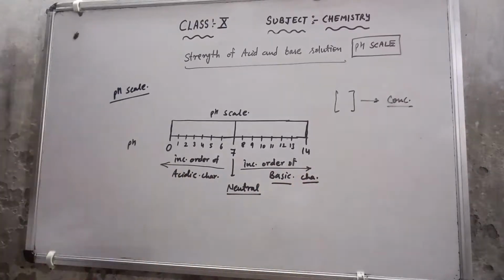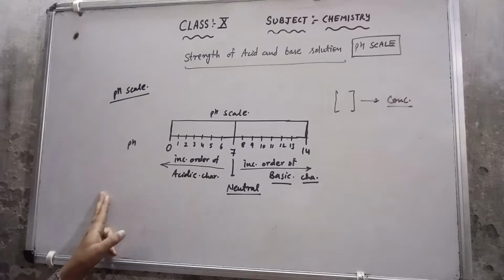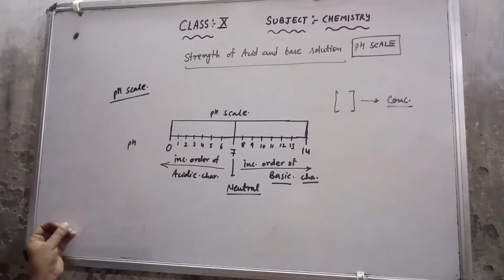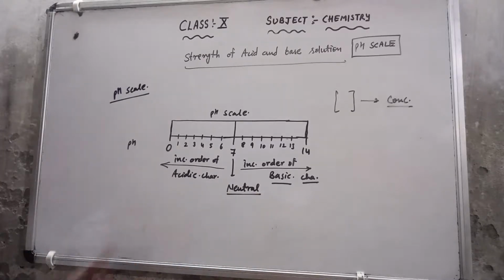That means if the pH value decreases, then the acidic character increases. If the pH value increases, then the basic character increases. So that is a simple concept.